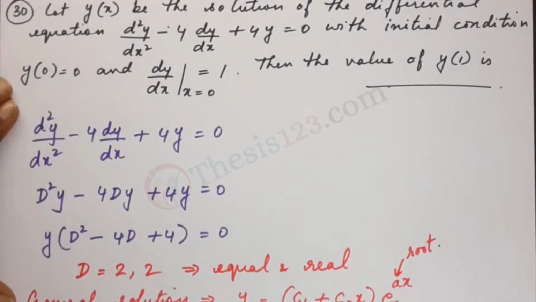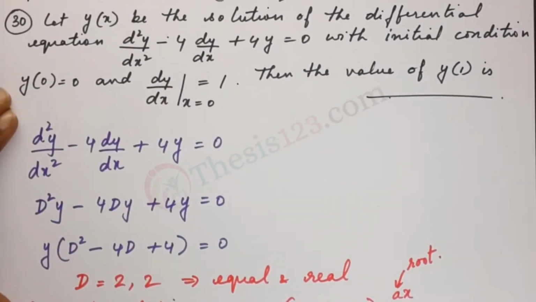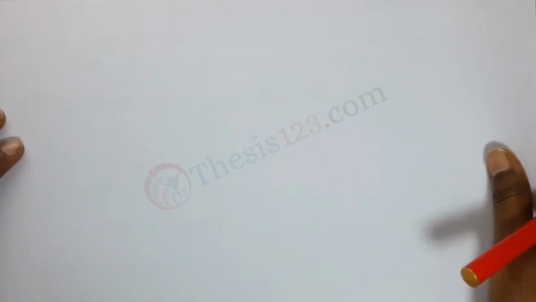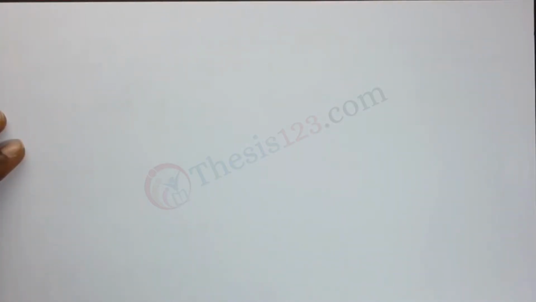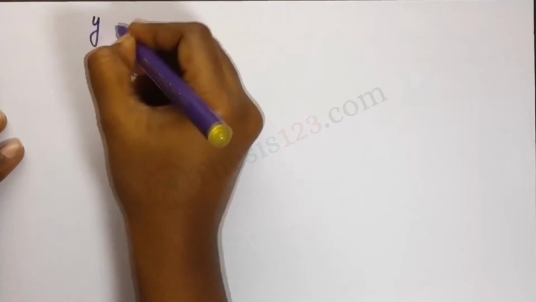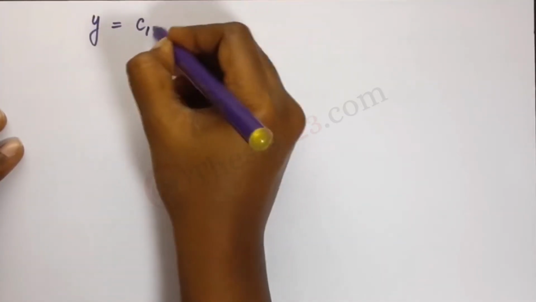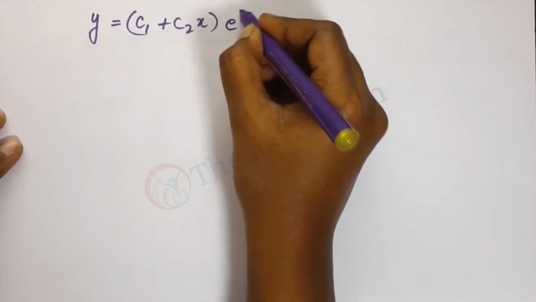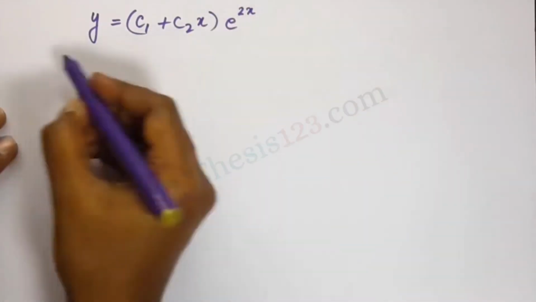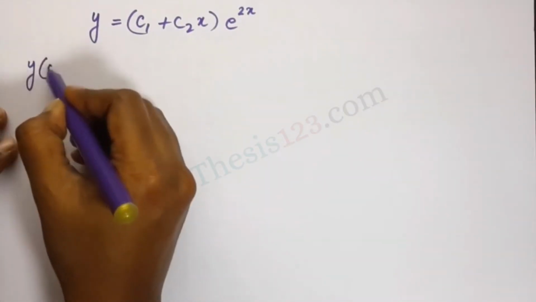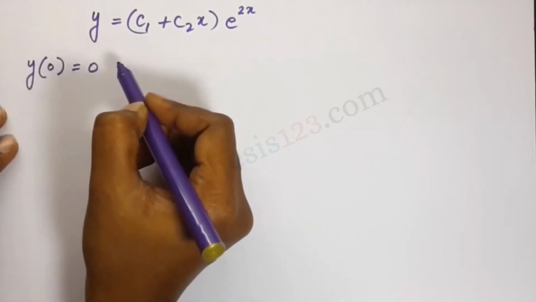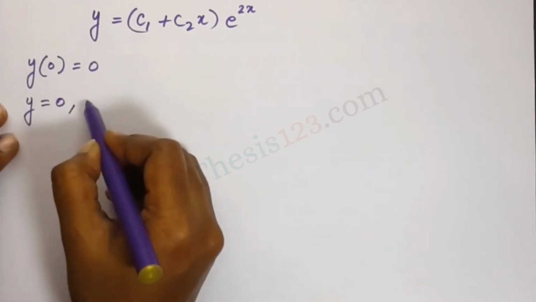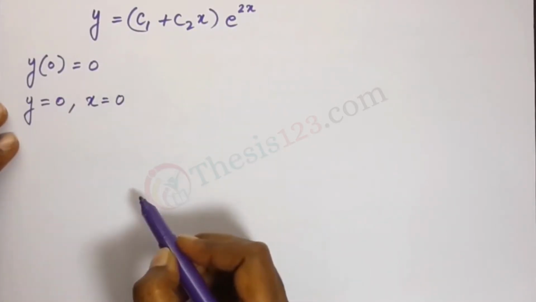Okay, so I'll just grab another sheet of paper and then we'll continue. Right, so here we are. We have the general solution, C1 plus C2x into e power 2x. Now the first initial condition is y of 0 is equal to 0. This tells us that y is equal to 0 and x is equal to 0.